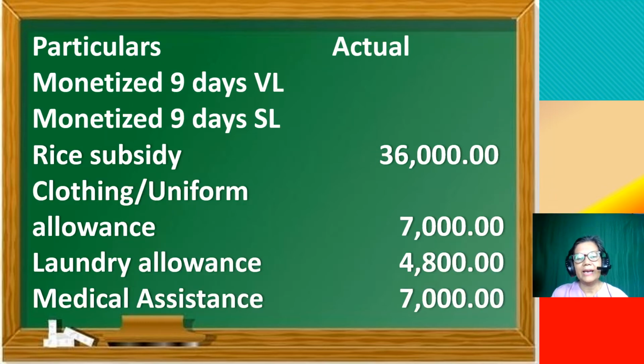This is the list of benefits Andrea received during the taxable year: monetized 9 days vacation leave or VL, monetized 9 days sick leave or SL, rice subsidy amounting to 36,000 for the year, clothing or uniform allowance amounting to 7,000 pesos, laundry allowance of 4,800 pesos, and medical assistance of 7,000 pesos.